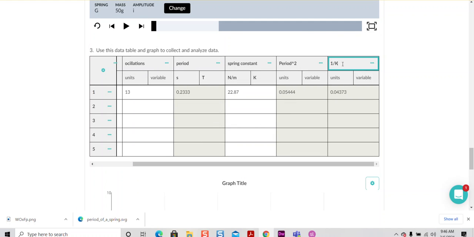That would be fine. My units for period squared would be seconds squared. My variable would be t squared. My units for spring constant is newtons per meter, so this would be meter per newton, the inverse of that, and the variable would be 1 over k.